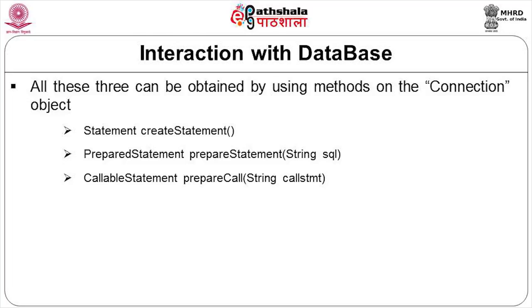So if what you want to execute has a return value, then you should start with a string which looks like braces, and within the braces you'll have a question mark representing a parameter for the return value, equal to call, the name of the function, and in brackets the various parameters which you would like to pass to that function.